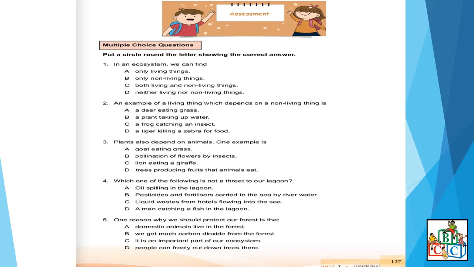Here you have on the page 137, you have some multiple choice questions. I guess it's very easy. You need to read carefully and you are going to find the correct answer and circle the letter. Okay, let us see the next page.